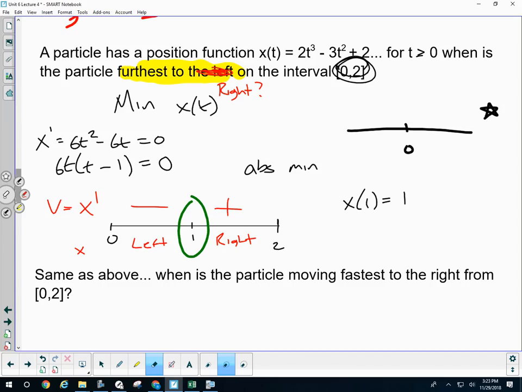Why is it at 2? What's the y value at 0? Yeah, what's the y value at 2? 16 minus 12. Is it 8? No. Plus 2. Yep. Mental math, man. Okay, so furthest to the right would be at 2. And that's at an endpoint.